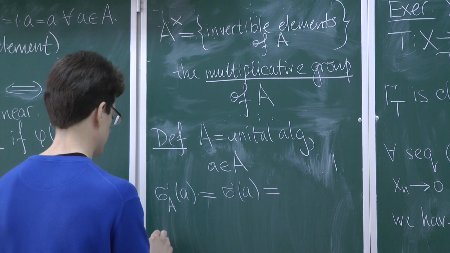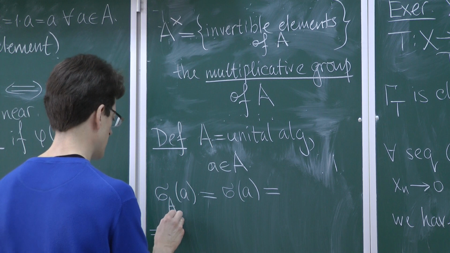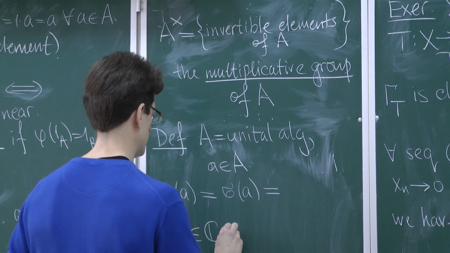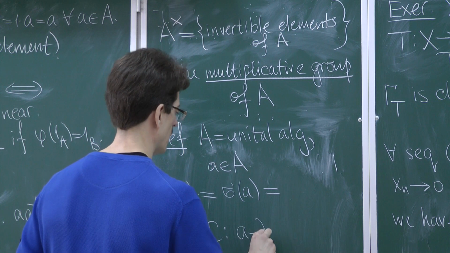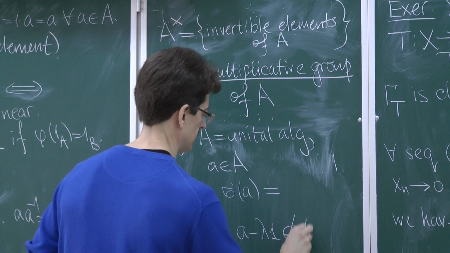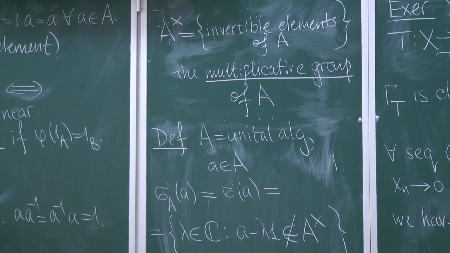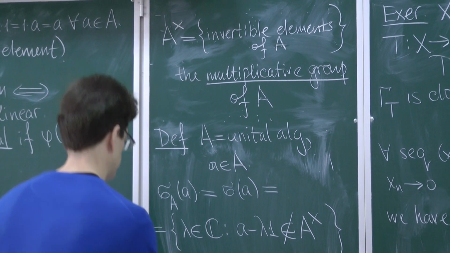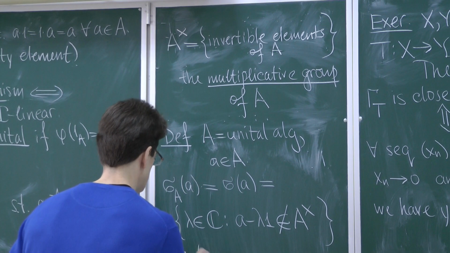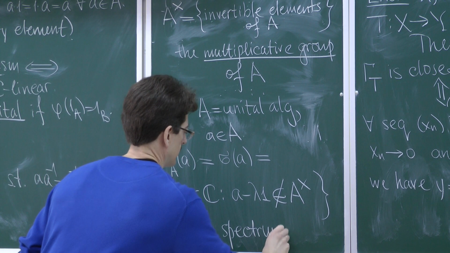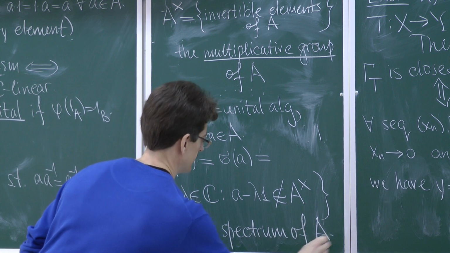And this is a subset of the complex plane, which consists of those numbers lambda for which a minus lambda 1 is not invertible. So the set is called the spectrum of a.